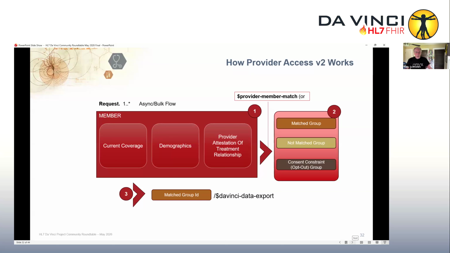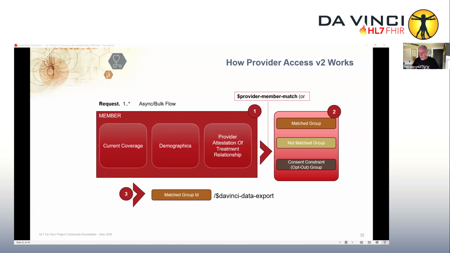So providers could decide also, one of the things we accounted for in the flexibility of the Da Vinci data export is we're not forcing the provider to take a fire hose of data. They could be very selective about the resources that they are interested in. So for example, if a provider focused on diabetes, they might just be interested in observations that had A1C readings.